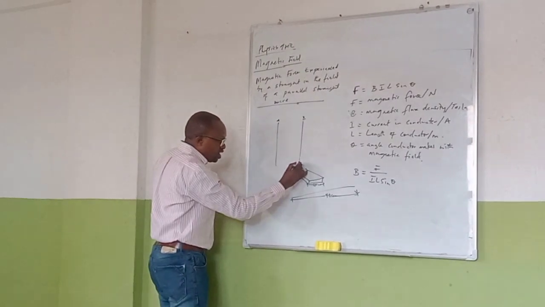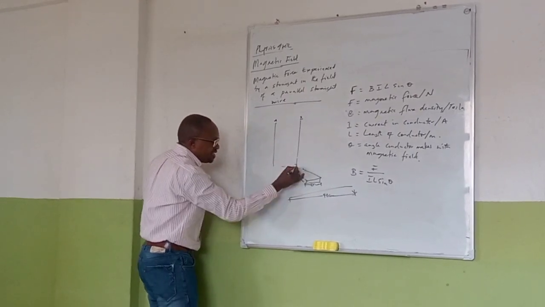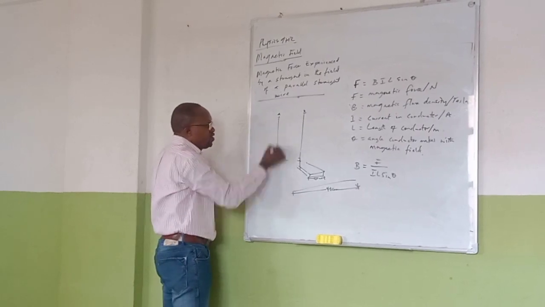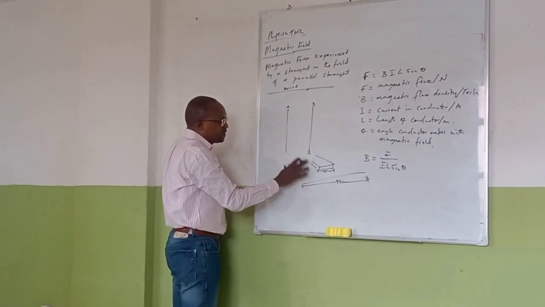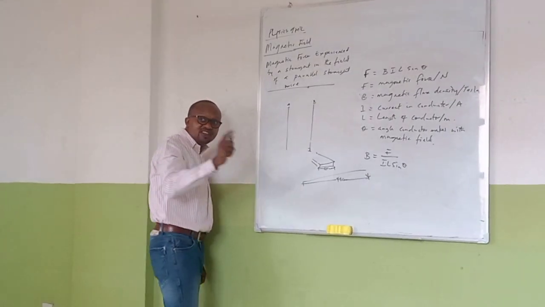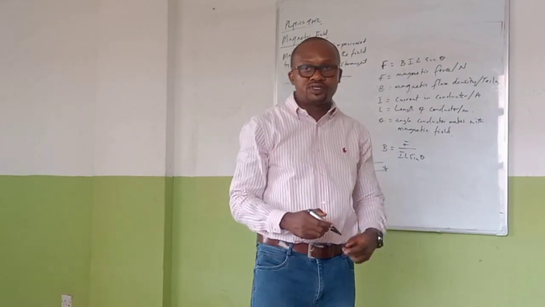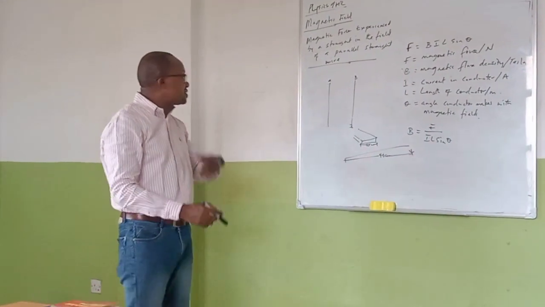So we can say the magnetic force both wires experience per unit length are equal and opposite. Are you following?